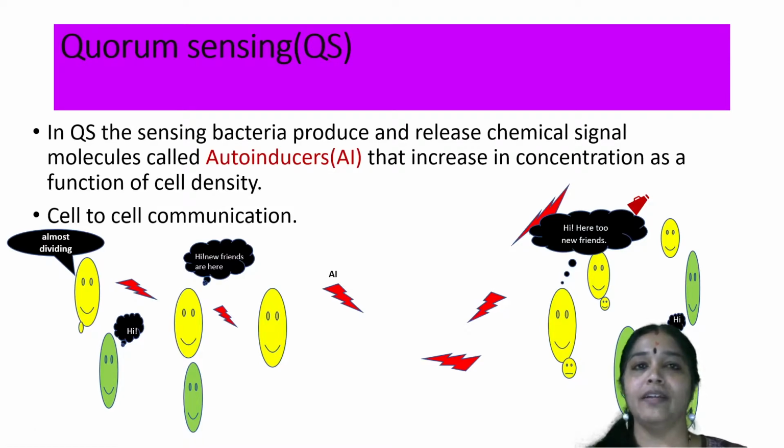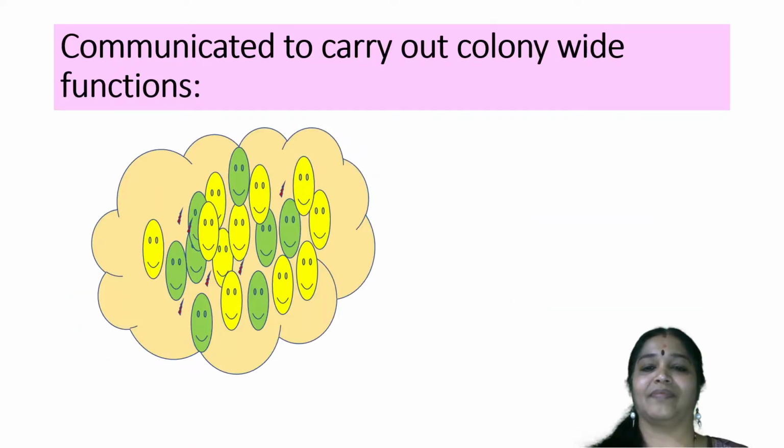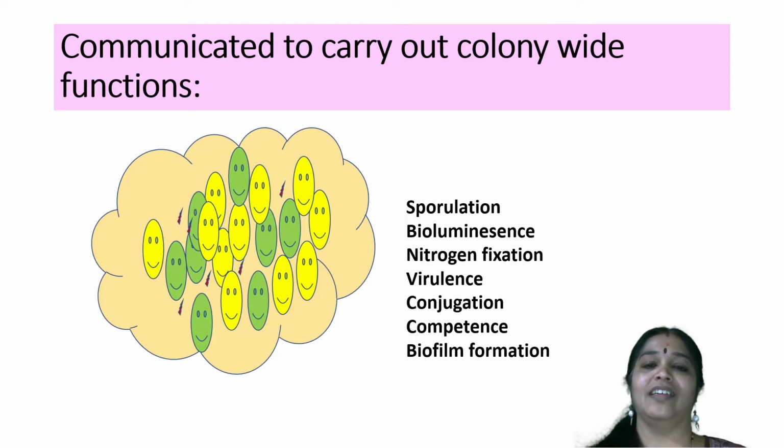The microbes cannot speak, they cannot hear, but yet amazingly they communicate with each other to carry out colony-wide functions. What are the functions they carry out? Sporulation, bioluminescence, nitrogen fixation, virulence, conjugation, competence, and biofilm formation.